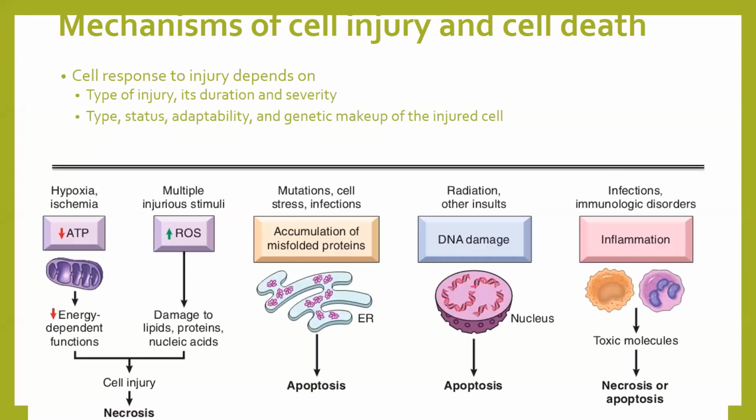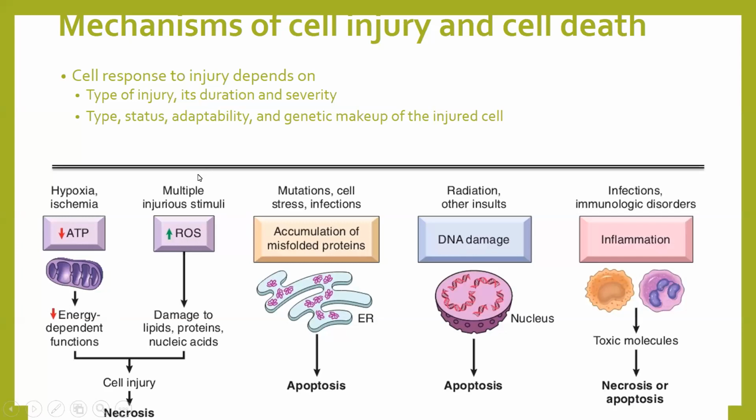Okay, so that is in graphic form. ATP production and maintenance of the membranes, very important. Otherwise, when there's interference, you end up with necrosis. If you cannot produce ATP, as in when there's hypoxia and ischemia, then the end result will be cell necrosis.